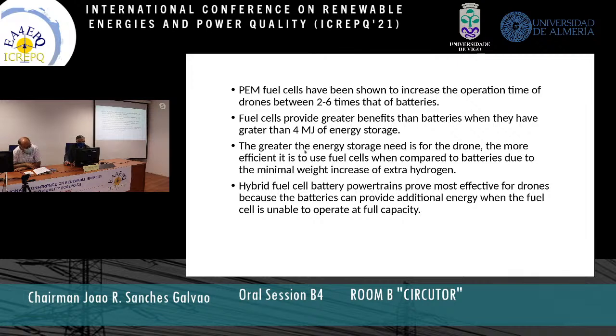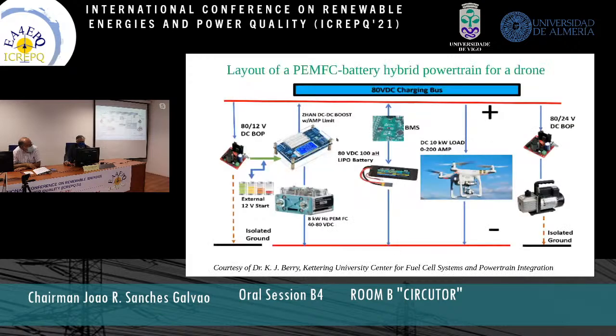The reason is that if you want to add more hydrogen to get a longer range, the hydrogen does not add a lot of additional weight to the drone. But if you want to add batteries, they are usually very heavy. And it's best to use a lot of hydrogen for a longer range.